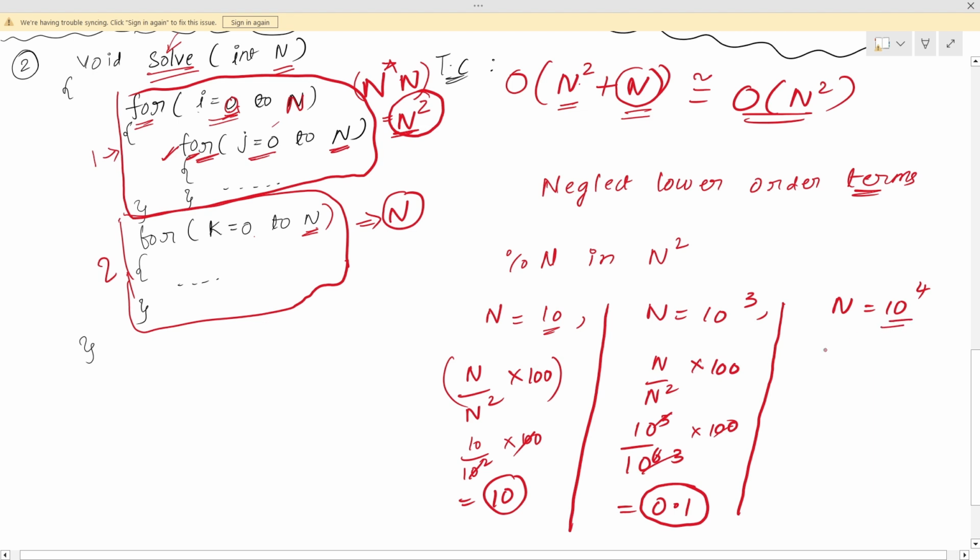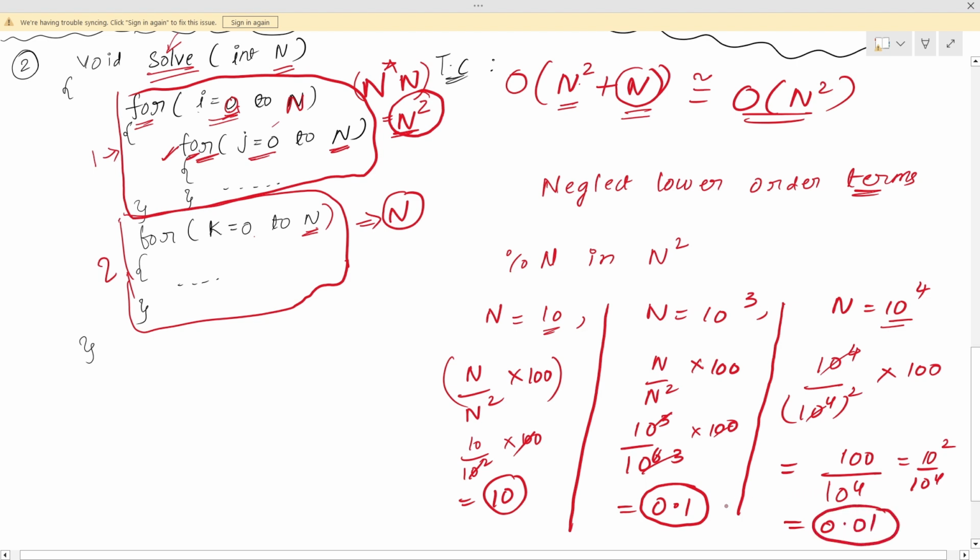If I substitute n as 10 power 4, it becomes 10 power 4 divided by 10 power 4 whole square into 100, which comes out to be 100 divided by 10 power 4. It's nothing but 10 square by 10 power 4, which is 0.01. It is very low compared to the previous ones.